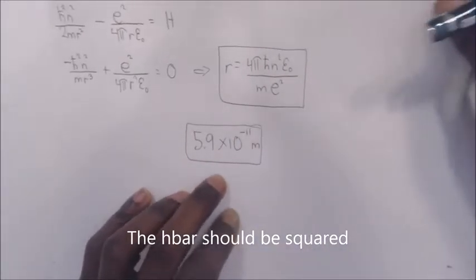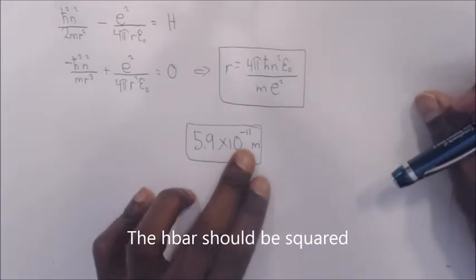Now, if we substitute the formula for this radius back into the Schrodinger equation, we will get the following.